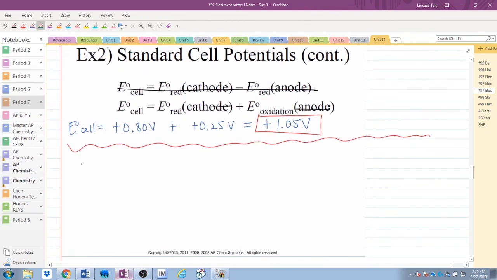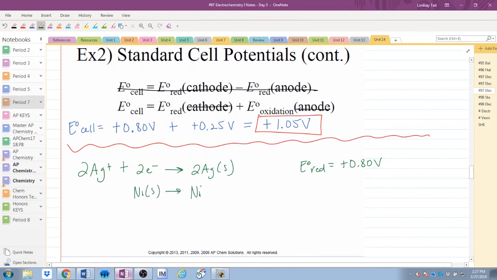In that case, I would have doubled that silver half reaction, right? But my reduction potential would have stayed the same at a positive 0.80 volts. And then I would have left that nickel, well, I would have flipped the nickel one to make it an oxidation.